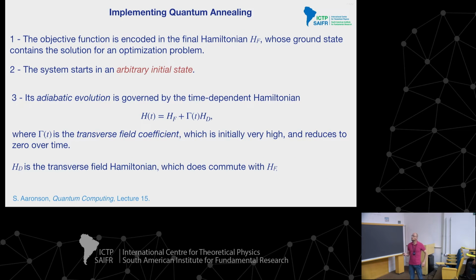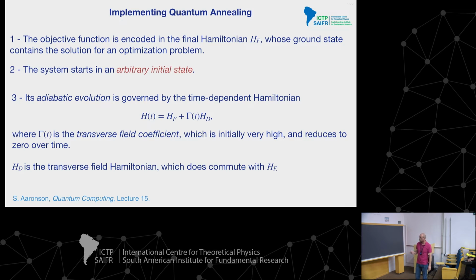Okay, how do we implement quantum annealing? Okay, the idea is when you try to solve an optimization problem, you have a cost function, and we map this cost function to the final Hamiltonian that contains the solution to our problem in its ground state. And we initially, now, this is a basic difference between adiabatic quantum computing and quantum annealing, because in quantum annealing, it's possible to initiate in an arbitrary state.